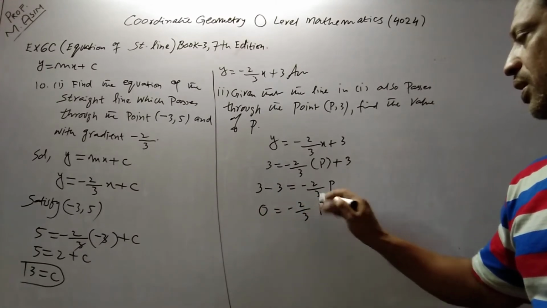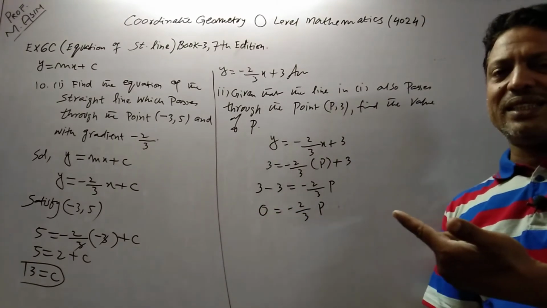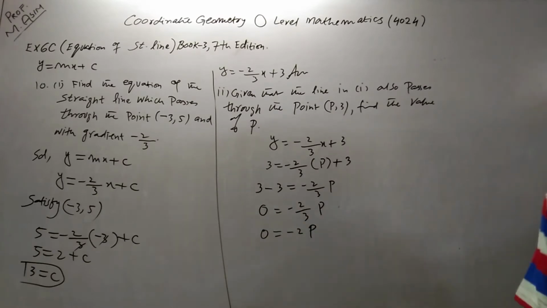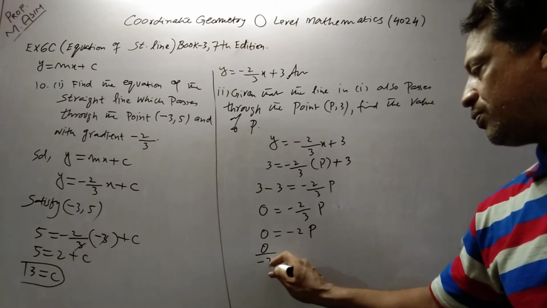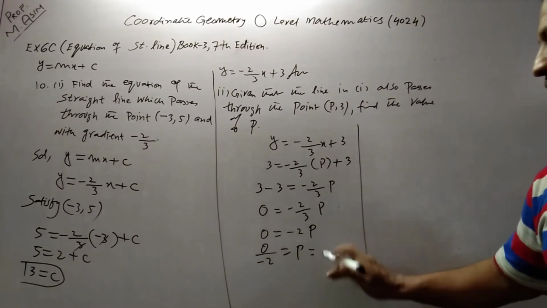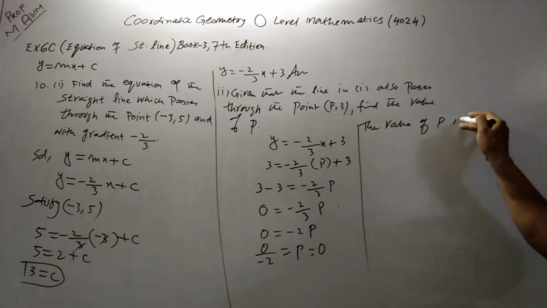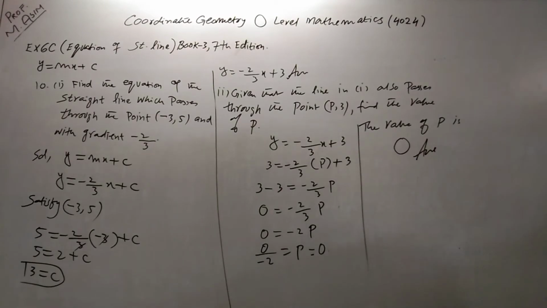Minus 2/3 p. This 3 is divided, so it should multiply by 0 on the other side. So 3 into 0, 0 is equal to minus 2 into p. This minus 2 is multiplied over here, so it should divide 0. 0 upon minus 2 is 0. Hence, the value of p is 0. This is our answer. Hope you understand this question number 10 part 2. Come to question number 11.